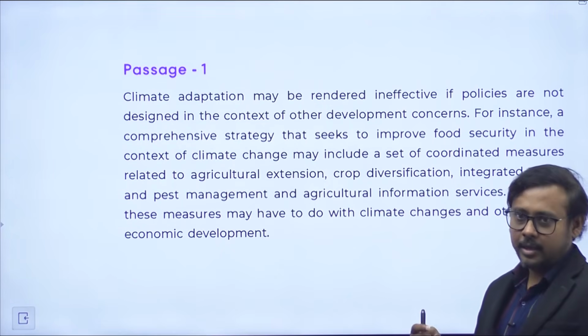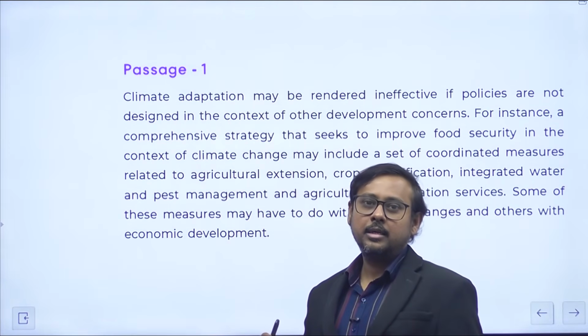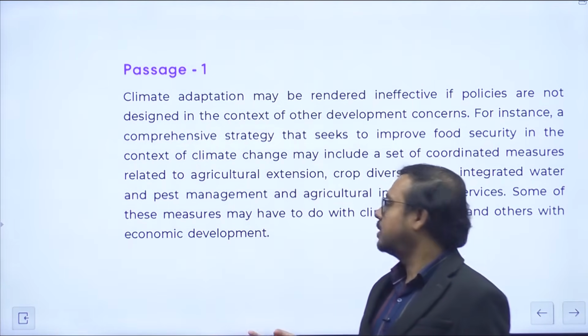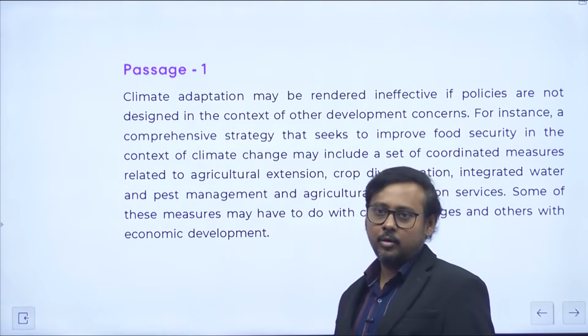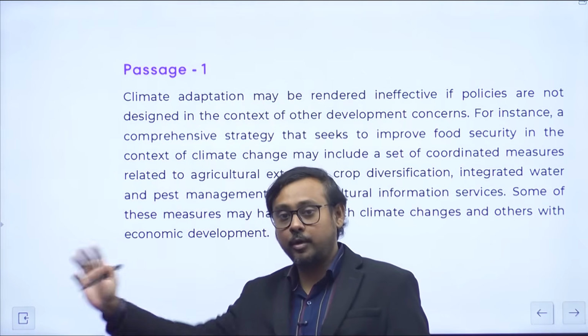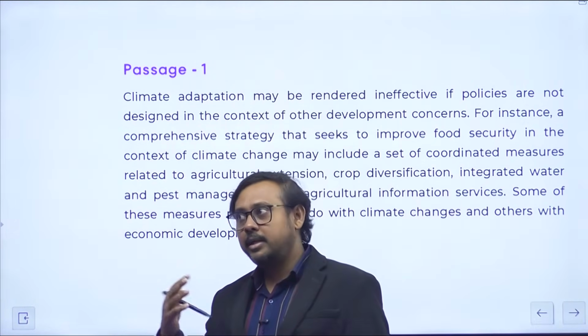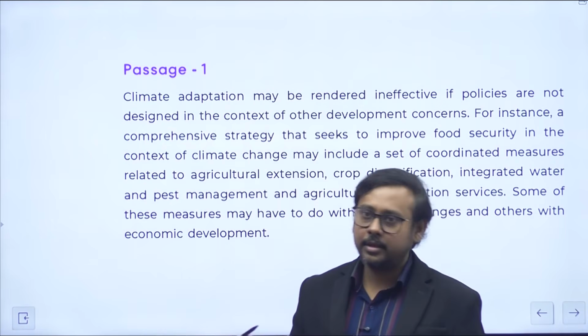Yes, it can be that, that inference also you can draw. There can be multiple inferences, by the way. You have to check the most important ones, right? Multi-dimensional approach can also be there.